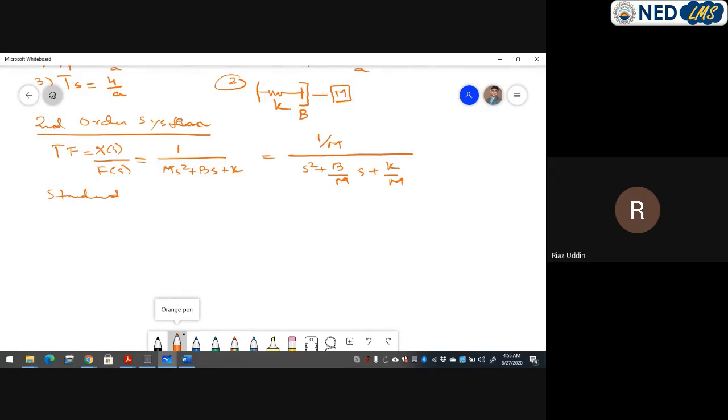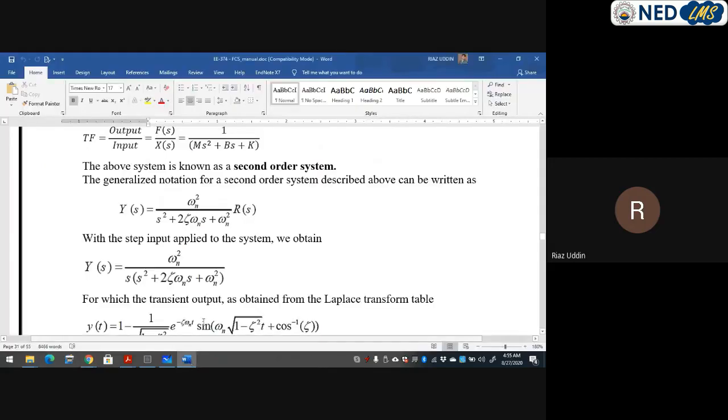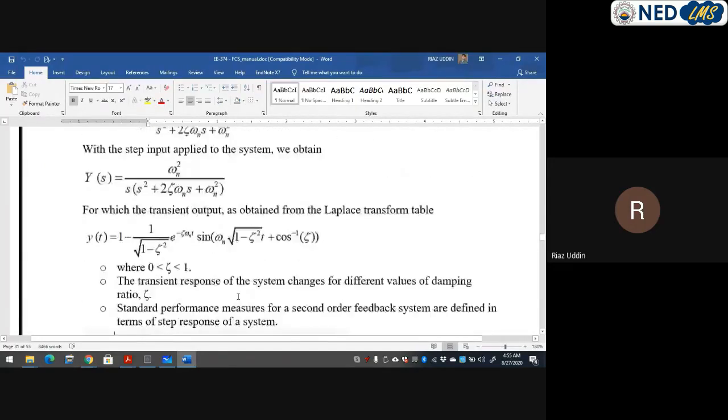The standard second order system equation, that is the standard second order transfer function, is ωn² upon s² + 2ζωn s + ωn². Probably the manual is also using the same criteria.